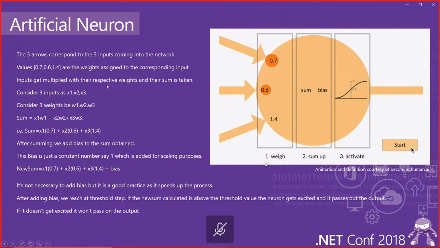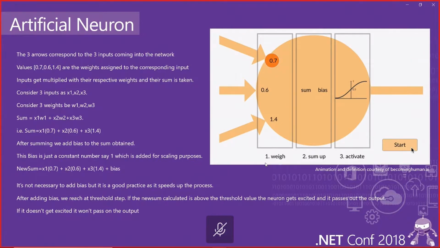Inputs get multiplied by their respective weights, and the sum is taken. So if we consider three inputs, we have x1, x2, x3, and three weights, w1, w2, and w3. We have then the sum of it, and after we sum, we usually add a bias.